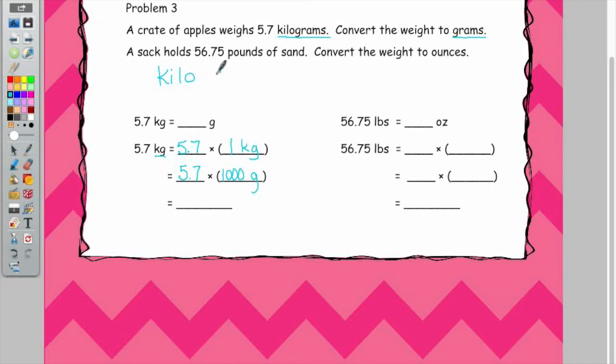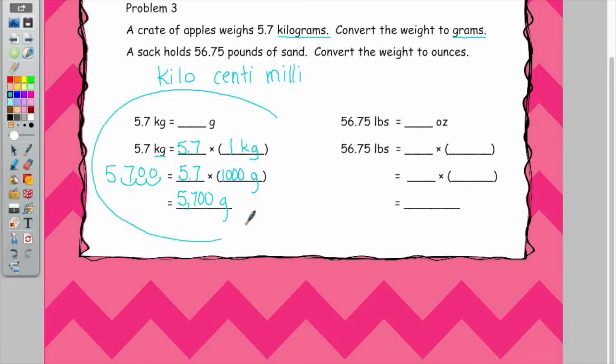You're also going to have centi and milli. All right, so how do I do this problem? 1, 2, 3. How many zeros do I fill in with? So 5,700 grams.